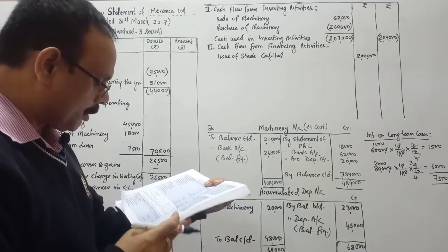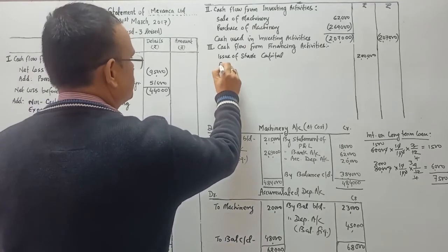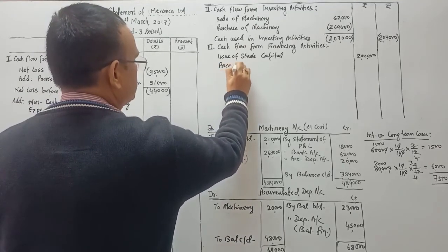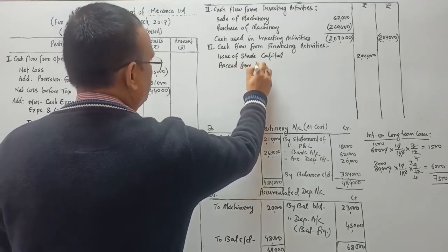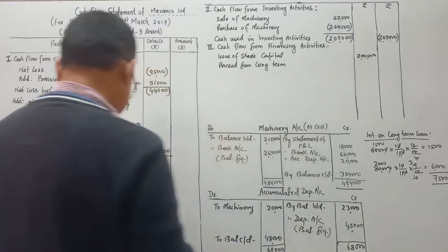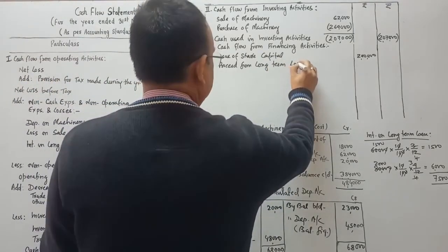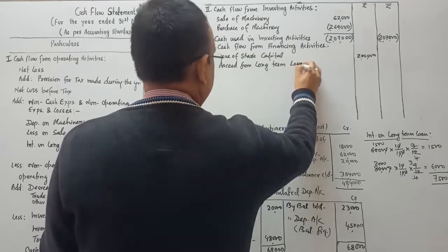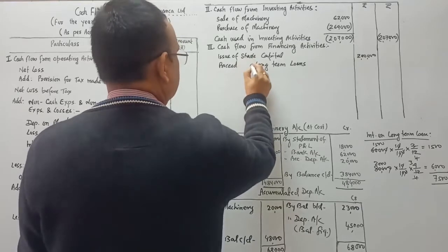Next is long term borrowings. Last year 60,000, this year 80,000. So proceeds from 10% long-term loans.